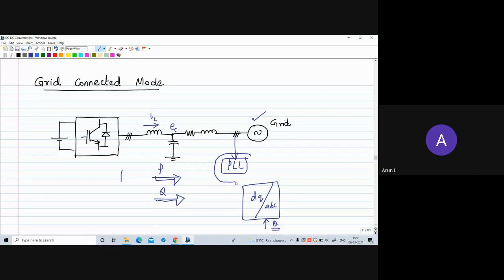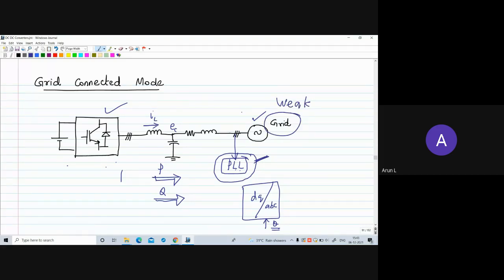One research problem is that the PLL dynamics and PLL gains will interact with the controller gains. There will be an inner current controller and an outer voltage loop control for this VSI. So usually there may be an interaction between the PLL and the inner current control loop when this grid is weak. In a weak grid.